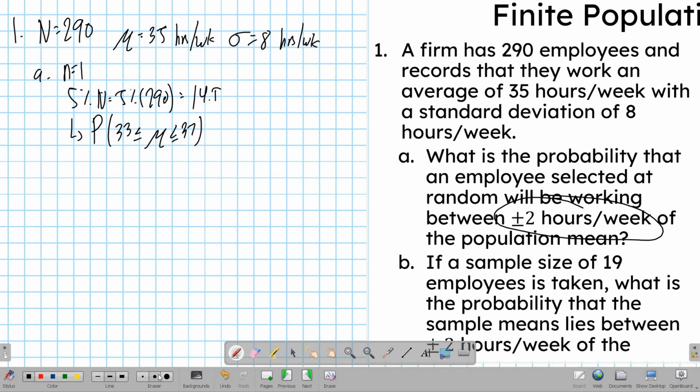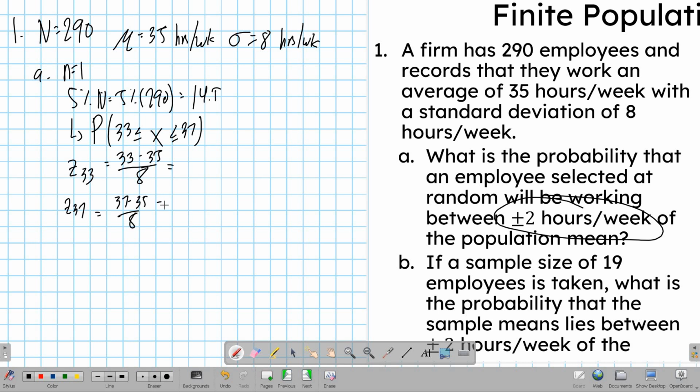Oops, sorry, wrong symbol. That should be not the mean but x, because it's just a randomly selected employee. So we do as is, as what we do when we solve normal distribution. Therefore, we find the z-score of 33 and the z-score of 37. That would be 33 minus 35 over 8 and 37 minus 35 over 8.